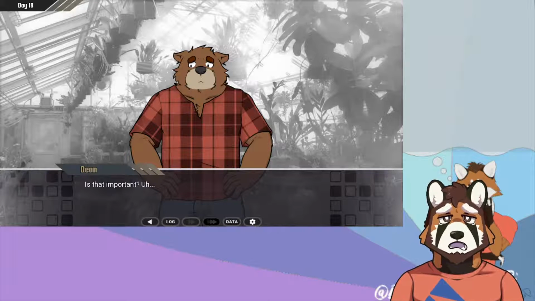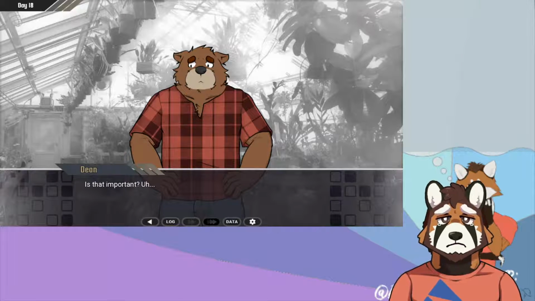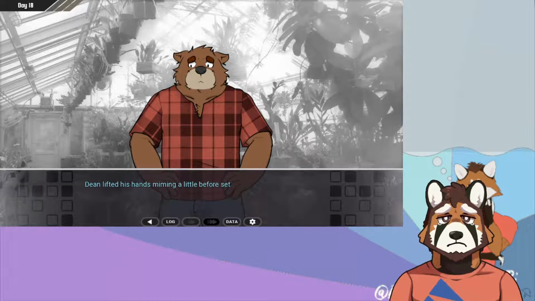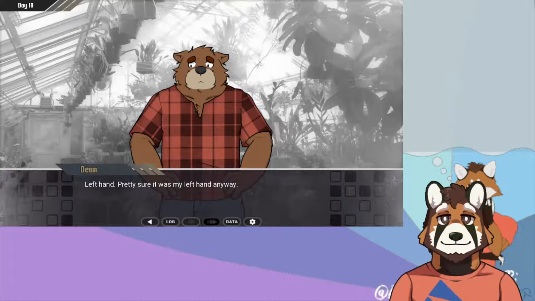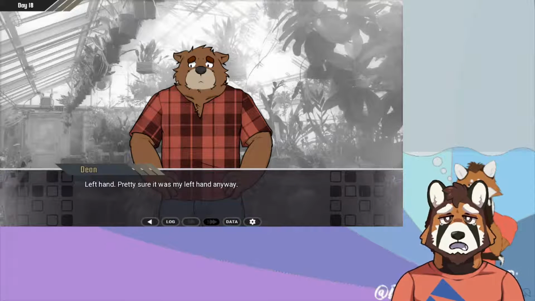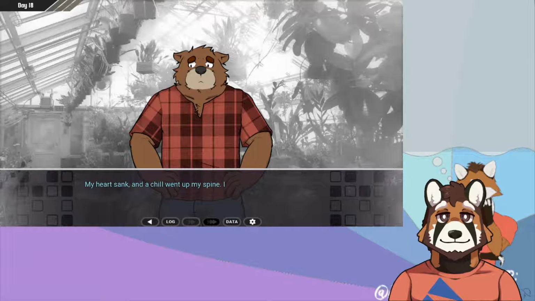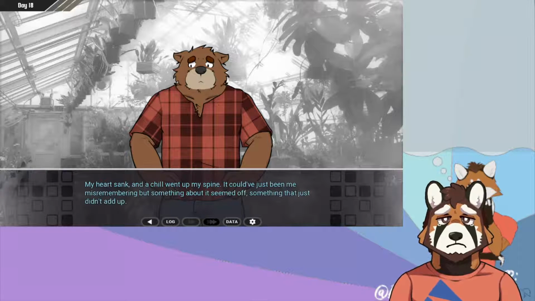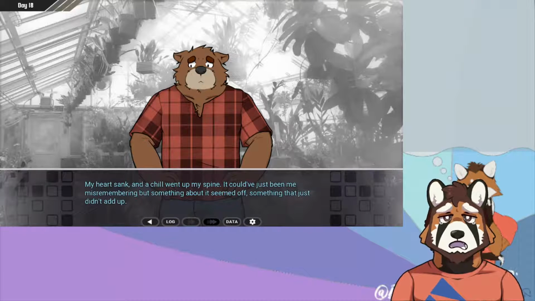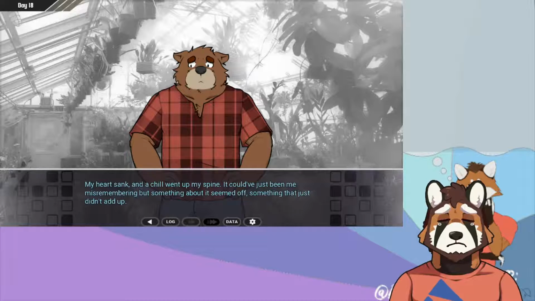Is that important? Dean lifted his hands, miming a little before settling on one of them. Left hand. I'm pretty sure it was my left hand anyway. My heart sank and a chill went up my spine. It could have just been me misremembering, but something about it seemed off. Something that just didn't add up.